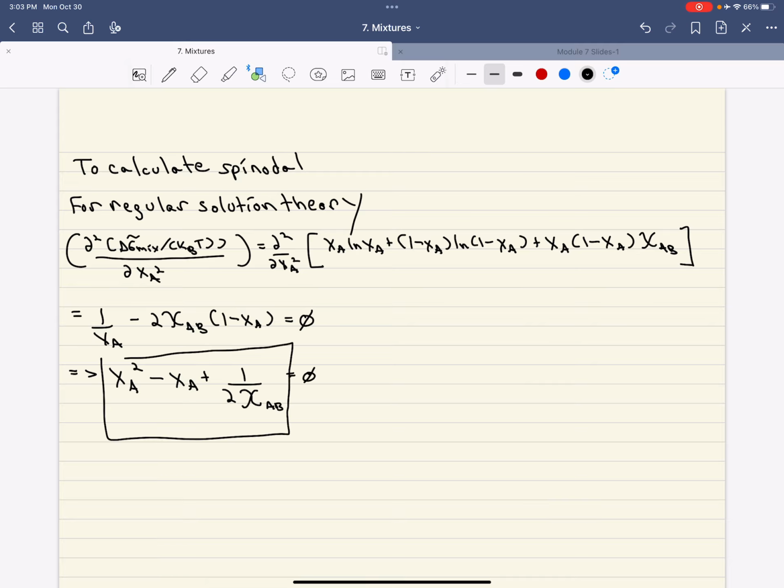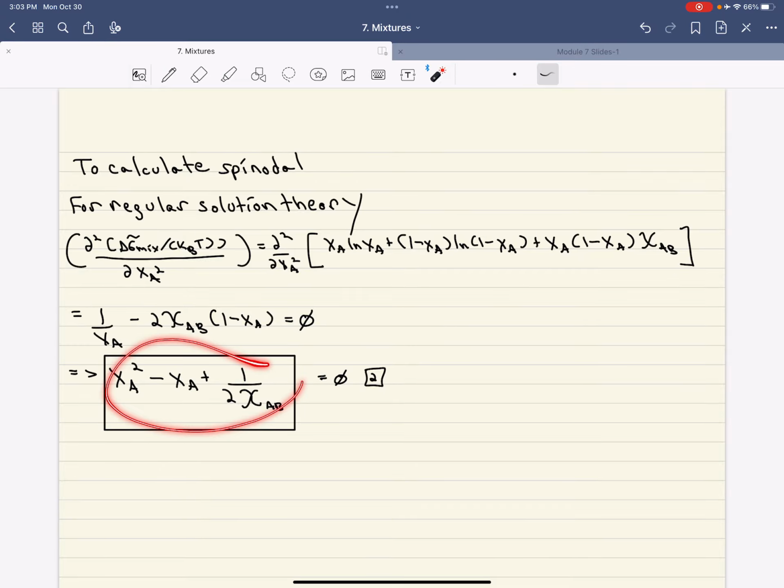Let's write this a little cleaner. In order to calculate the spinodal, you essentially just need to solve equation 2 here.